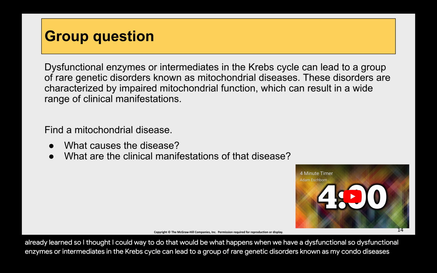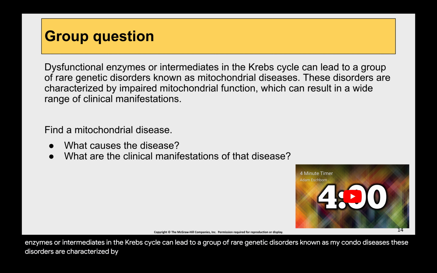These disorders are characterized by impaired mitochondrial function, which can result in a wide range of clinical manifestations or symptoms. So I want you to find a mitochondrial disease, tell me what causes it, how the Krebs cycle is impacted, and what the symptoms of that disease are. And in the meantime, it would be a great time to ask me any questions about the citric acid cycle.